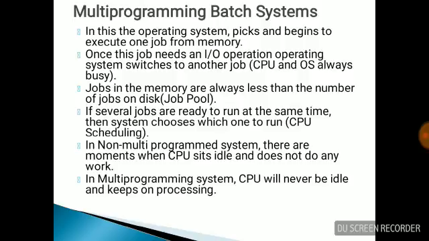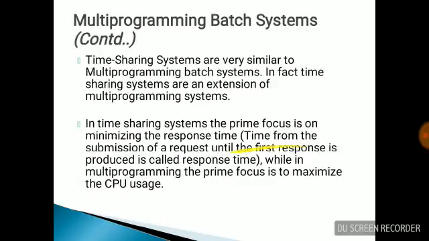In a non-multi-programming system, there are moments when the CPU sits idle and does not do any work. For example, in sequential execution, your program may contain something related to execution and something related to printing. Once the execution part is completed, we give the task to the printer, and at that time the processor sits idle. That is, in sequential manner, only if job 1 is completed do we go for job 2.